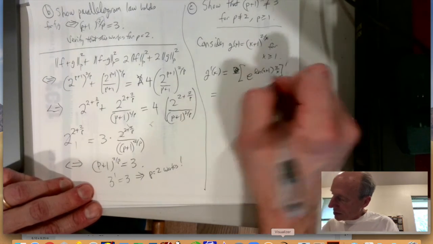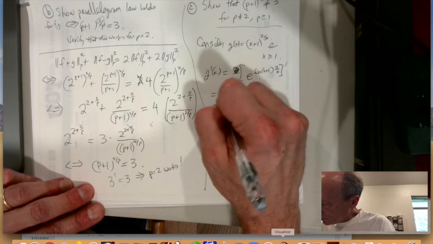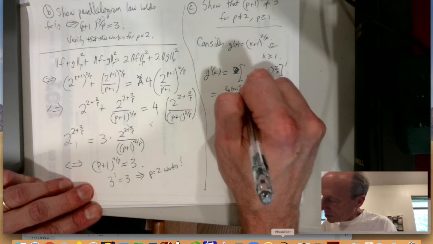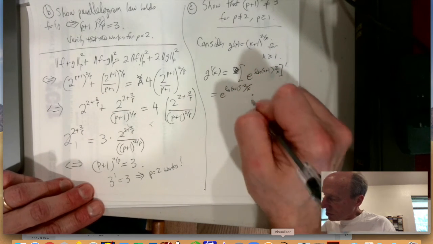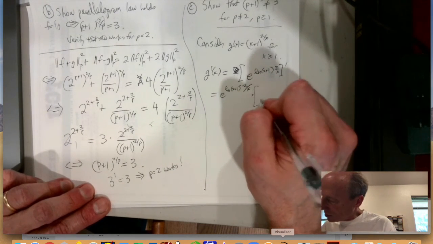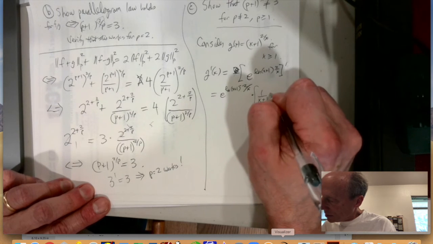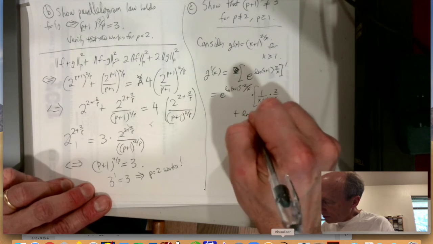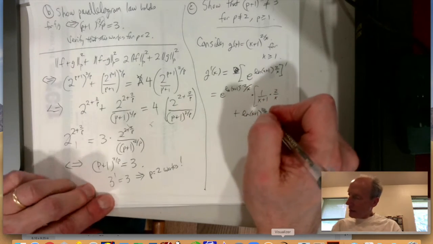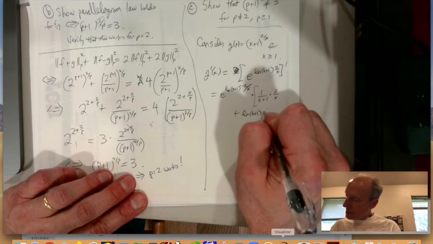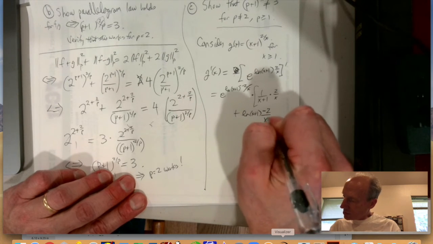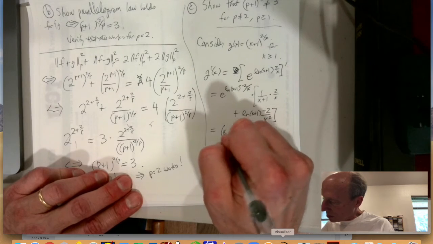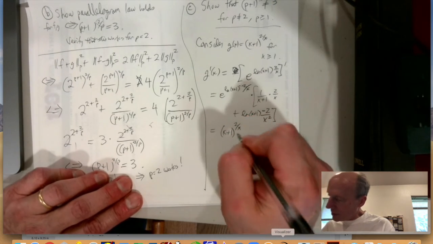It's the same thing, e to the log x plus 1 times 2 over x times the derivative of the inside. You have to use product rule: 1 over x plus 1 times 2 over x plus ln of x plus 1, and derivative of that being negative 2 over x squared.